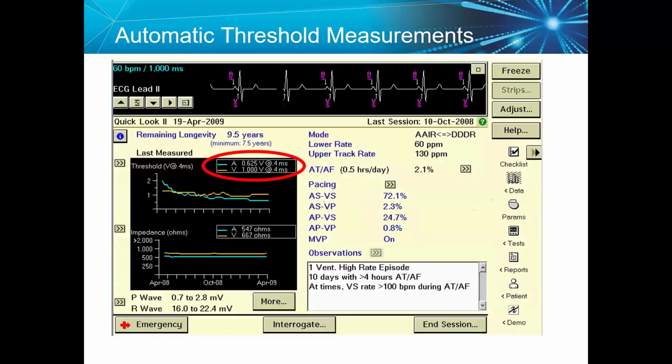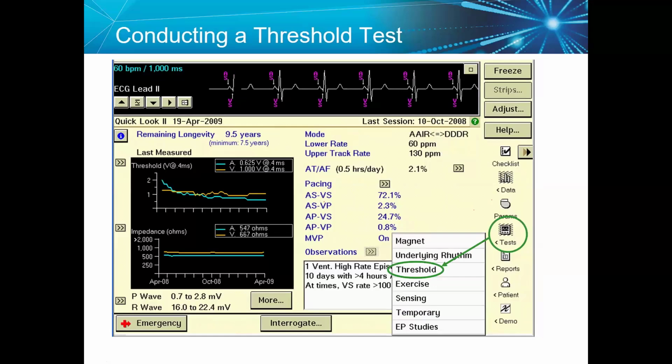Okay, here also in Medtronic and in all devices, it gives you the threshold. Here in Ethium, 0.625 at 4 millisecond and ventricle 1 volt at 4 millisecond. Okay, and this is how we program and do the threshold test.